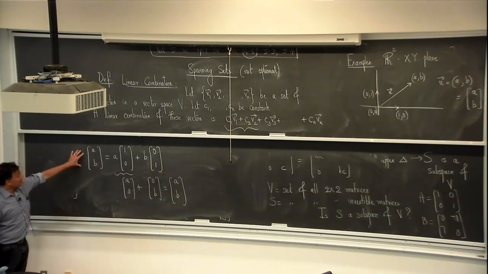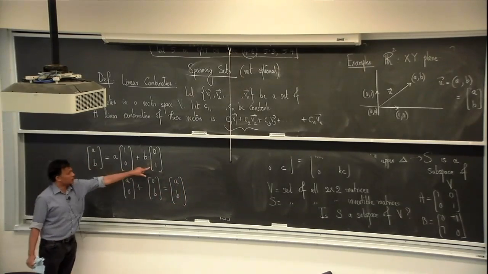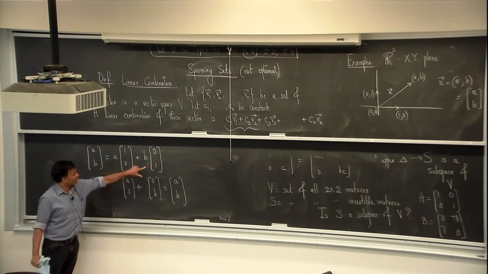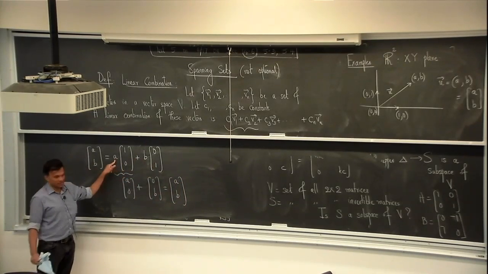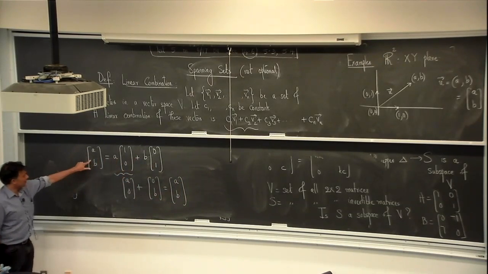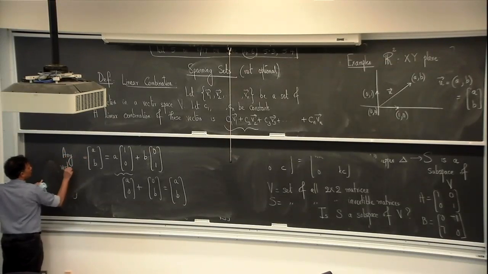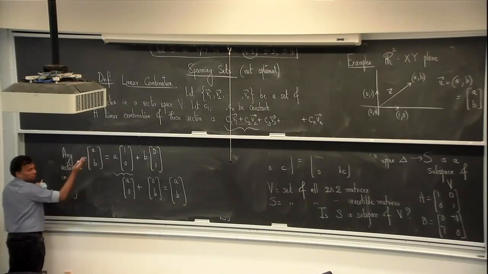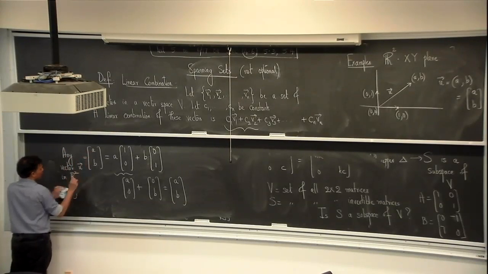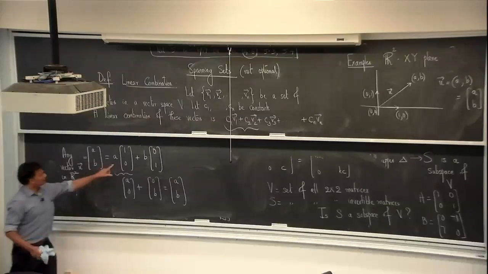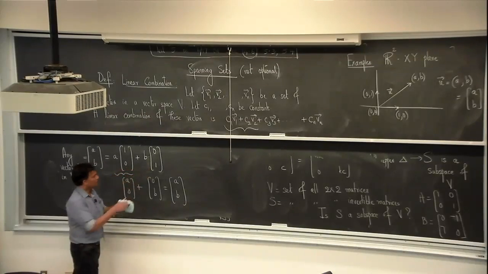What this means is that if you have these two vectors, (1, 0) and (0, 1), you could combine them using whatever constants a and b you want and generate any vector in R2. Okay, so this is any vector u. There's nothing special about a and b. Okay. So any vector u in R2 is a linear combination of (1, 0) and (0, 1).